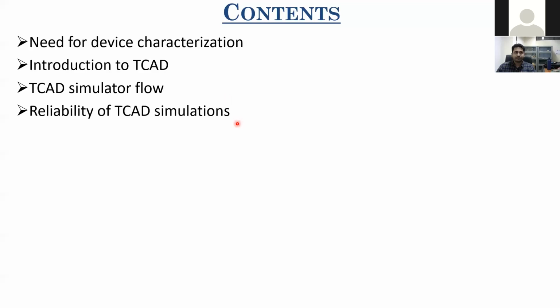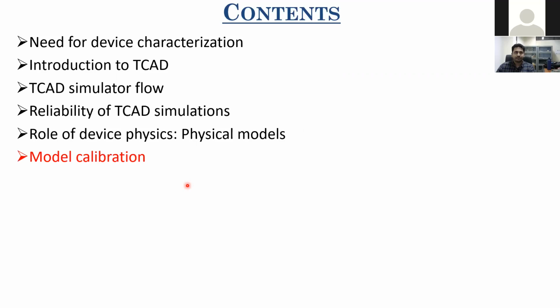Then I will talk about the reliability of TCAD simulations, how reliable they are, and how you can make them more reliable. That is the main concern of our talk today. Then what is the role of device physics or physical models? Do we need to know all the device physics of the device we are going to simulate, or can we neglect some of it? Then the most important part of device simulation, which is model calibration, and which enables you to validate your simulation results.